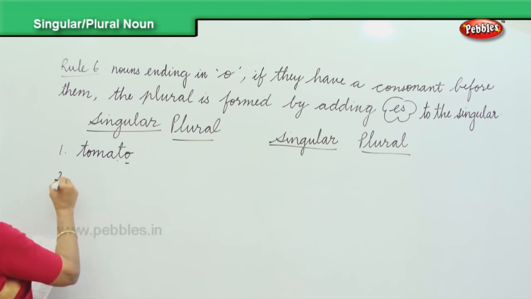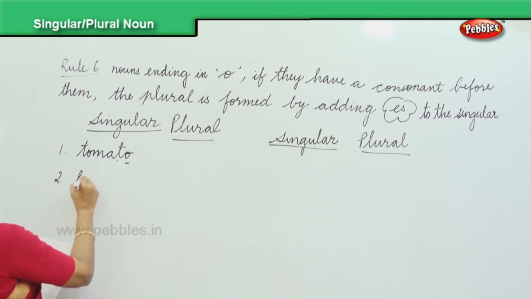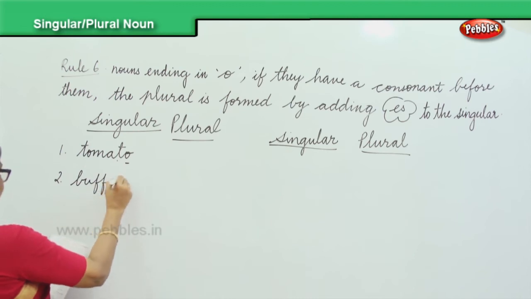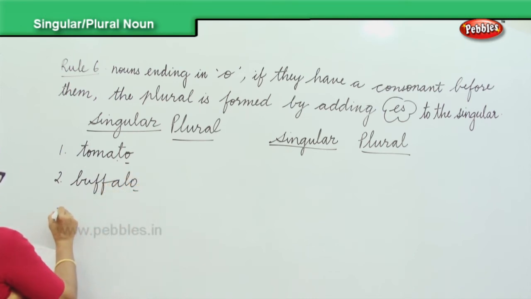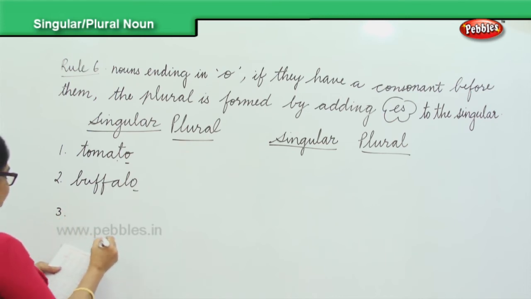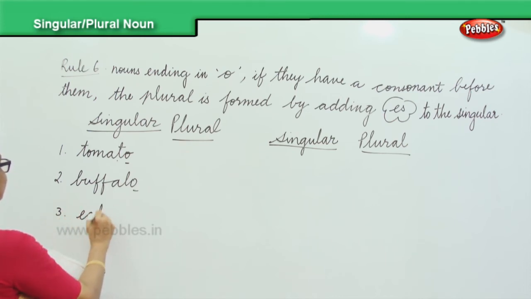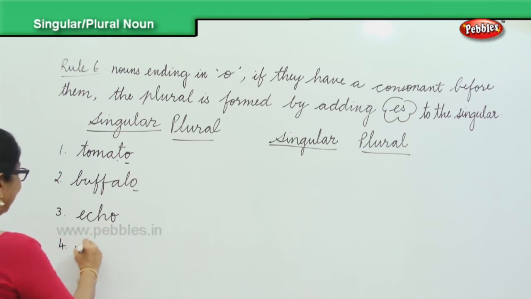Okay? Next. Buffalo. Ending in O. There's a consonant before it. Echo. Ending in O. There's a consonant before it. Mango.